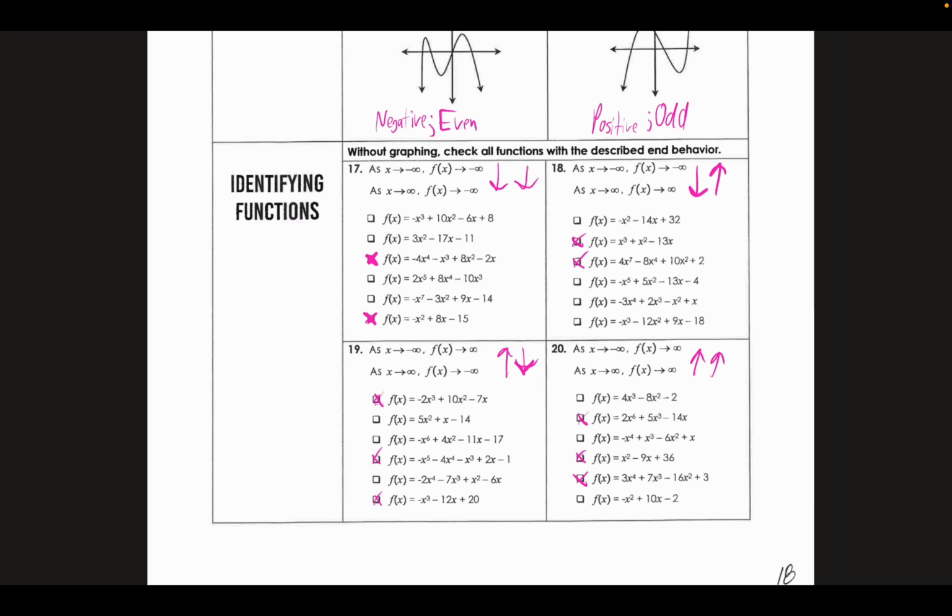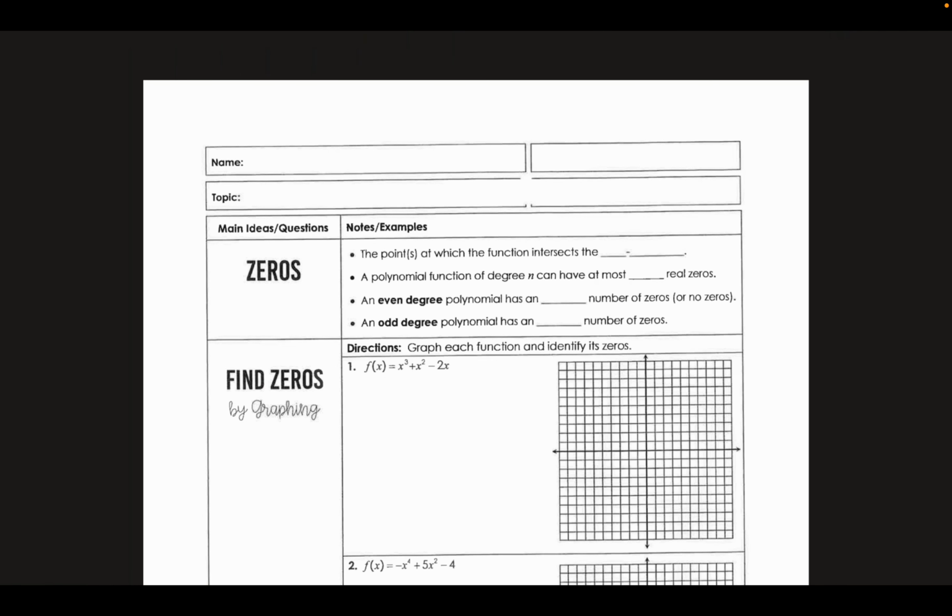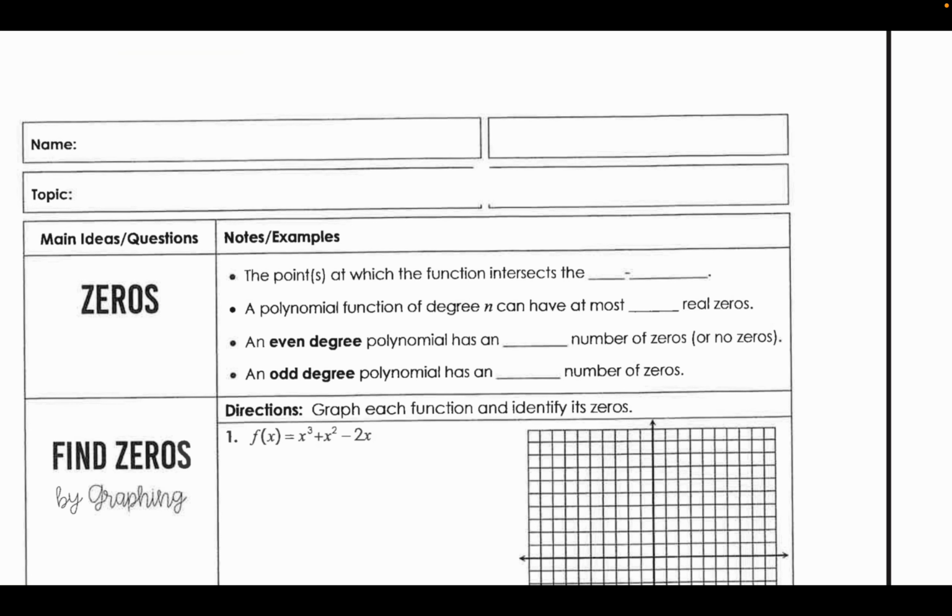Next, we're going to focus on finding zeros. So zeros, which you've talked about before, are the same thing as roots or x-intercepts or solutions, and they're the points at which the function intersects the x-axis. A polynomial function of degree n, so whatever the degree is, can have at most n real zeros.